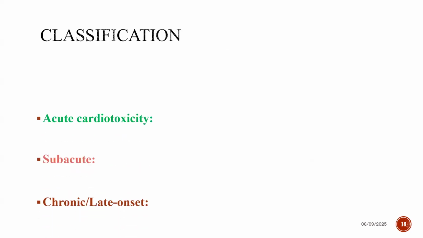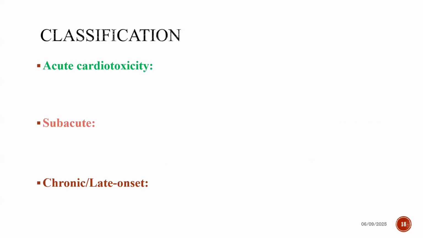So how do we classify chemotherapy-related cardiovascular toxicity? This is mainly based on the time during treatment at which the side effects occurred. So we have acute, subacute, and then chronic. The acute toxicity usually occurs within a week to about 3 weeks.